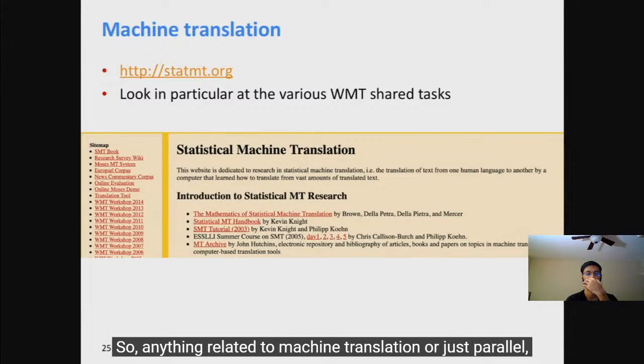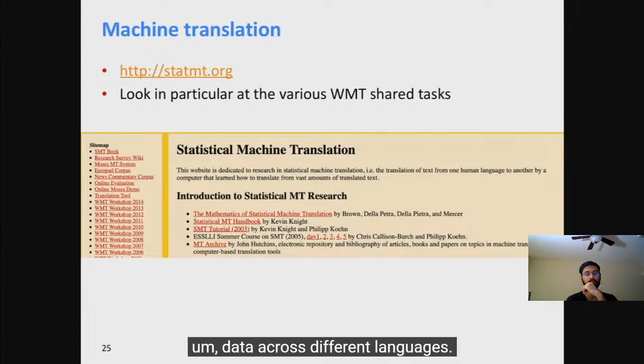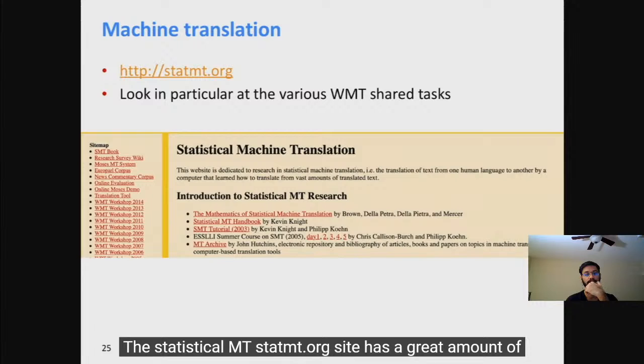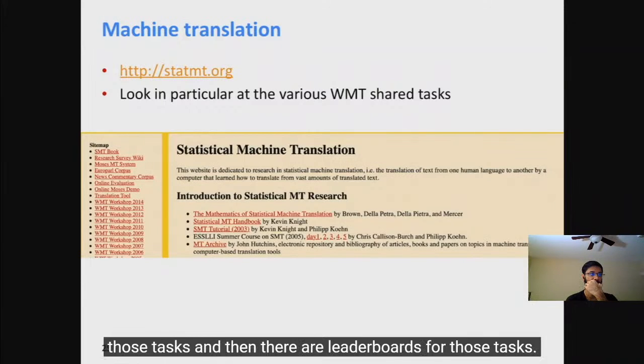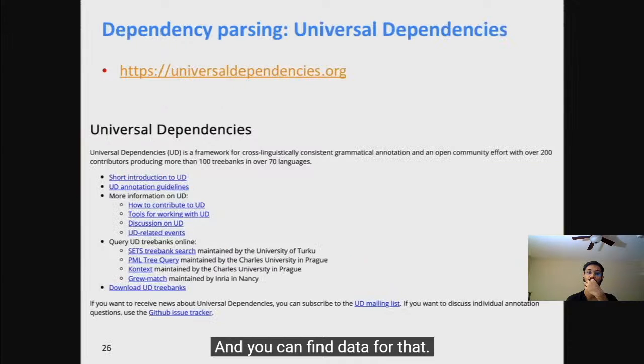So anything related to machine translation or just parallel data across different languages, the Statistical MT, statmt.org site has a great amount of data, and that organization runs shared tasks every year. The workshop on machine translation, WMT, which Abby already mentioned in her class, and they've got data sets that were used for those tasks, and then there are leaderboards for those tasks, and you can find data for that.